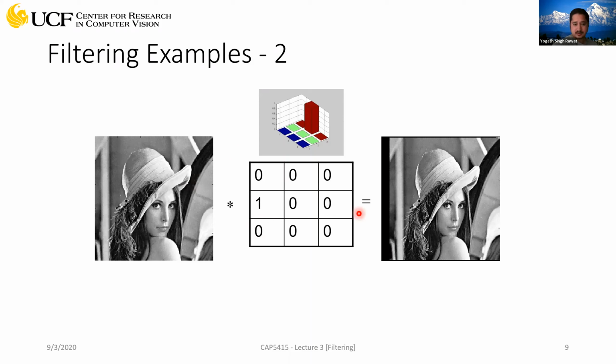So if this kernel is not normalized, then you are actually increasing the intensity of that pixel. For example, consider a white pixel here. A white pixel will have, let's say, a value of 200. Let's also assume that all the 8 pixels surrounding that particular pixel are also white.